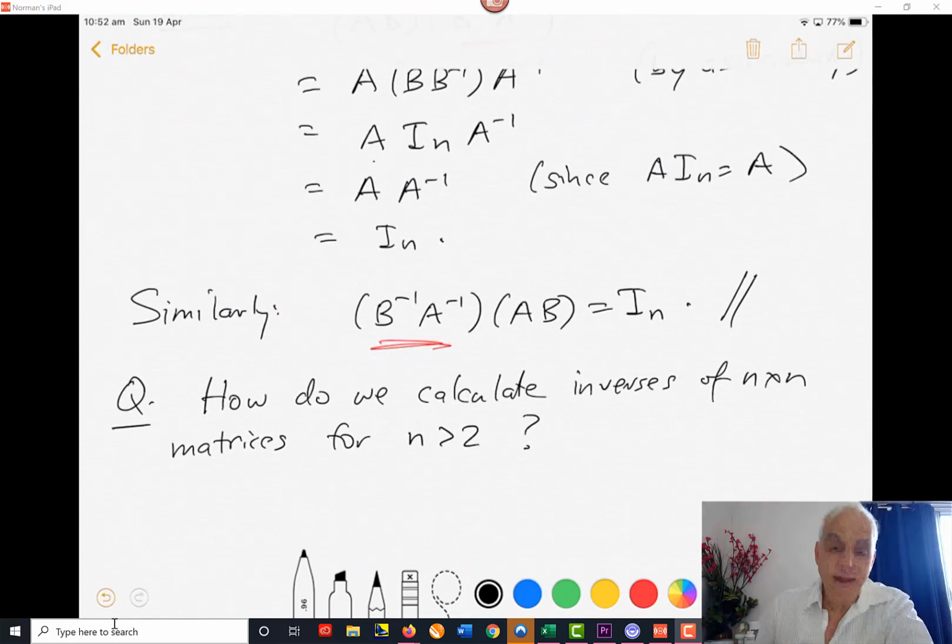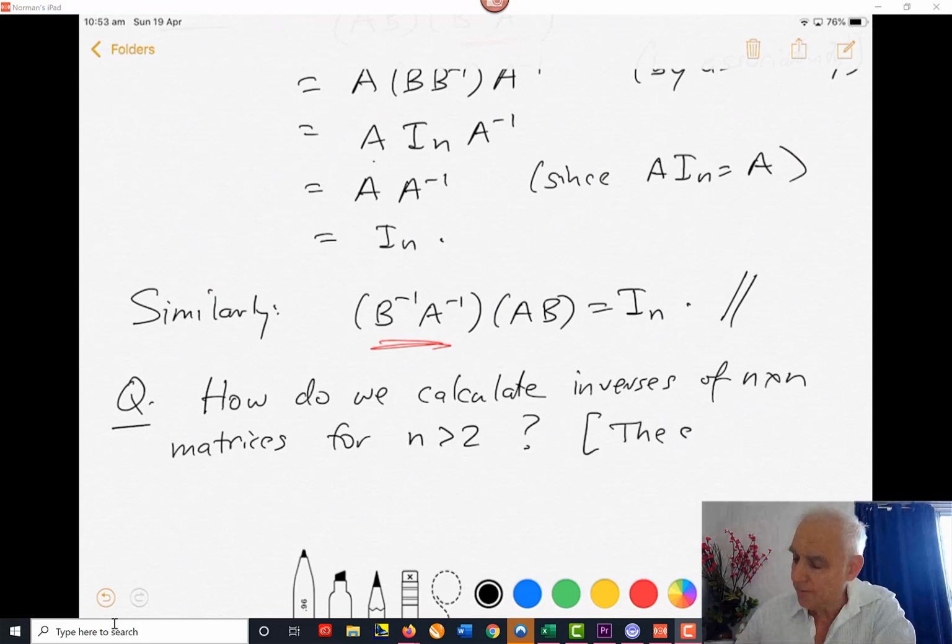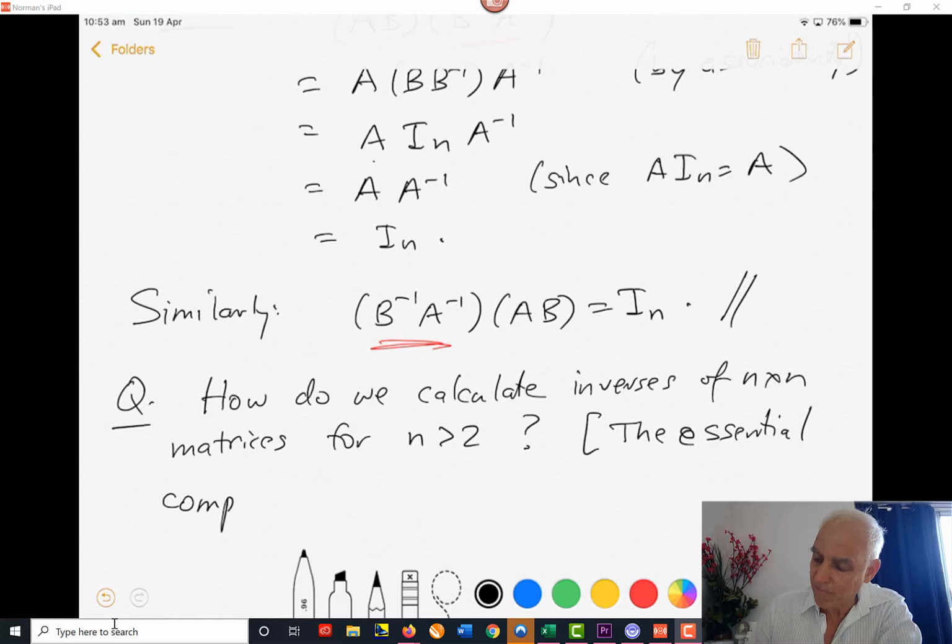It's pretty close to being at the heart of linear algebra, actually. That's probably the single foundational computational question in linear algebra. Some people might think I'm exaggerating here, but not really much. The essential computation in linear algebra: how do you compute the inverse of a matrix?